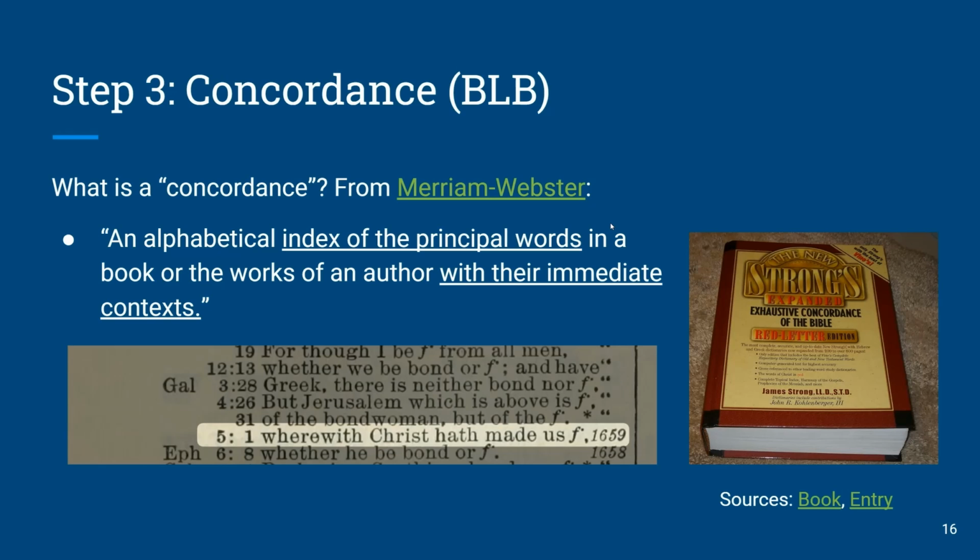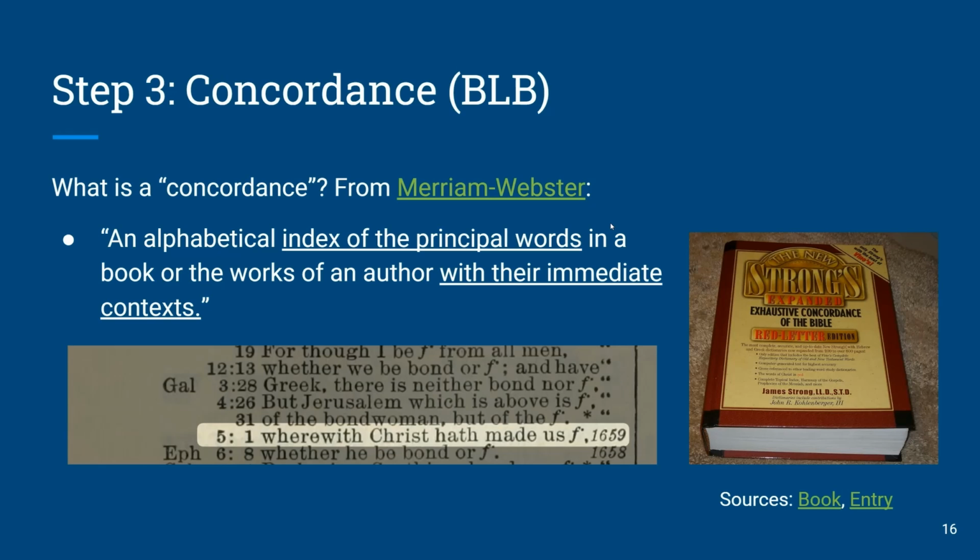For example, in this highlighted line in Galatians chapter 5, verse 1, we see the words, "wherewith Christ hath made us," and then there's this little stand-in, F, with an asterisk after the F. What this F is made to represent is where the English word would go, which corresponds to this code afterward. So 1659. This is a representation of the Strong's number G1659, which we saw, I believe, a little bit earlier.